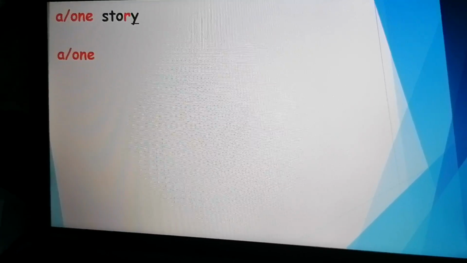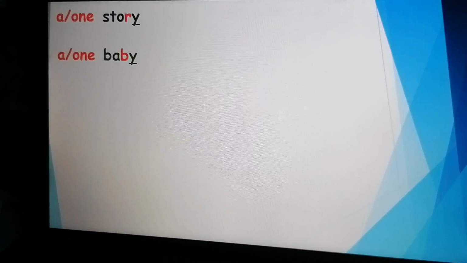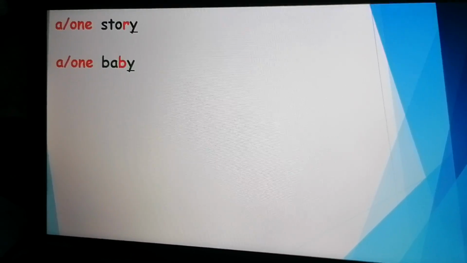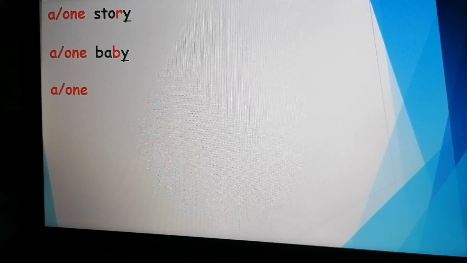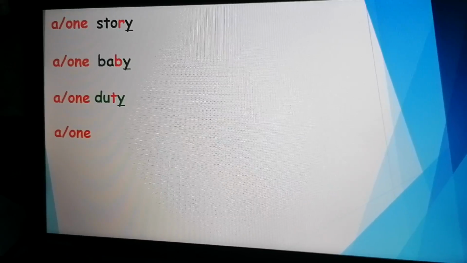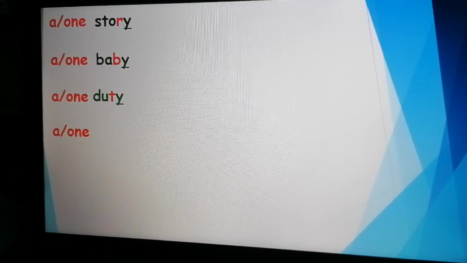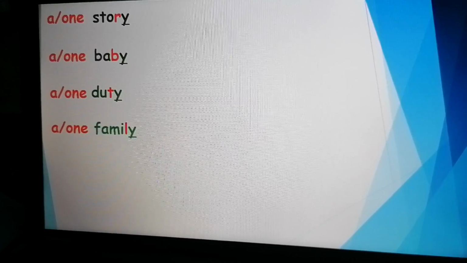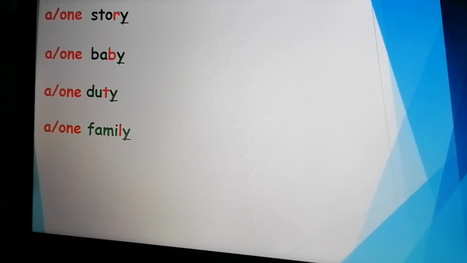A or one baby. A or one duty. A or one family.